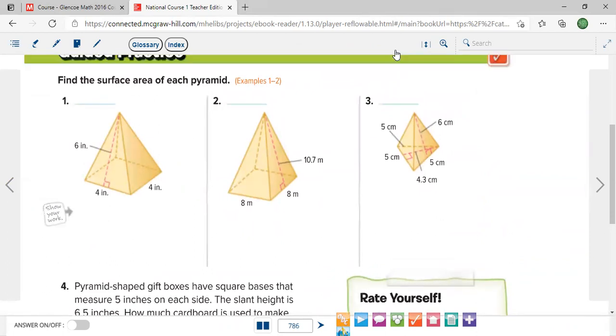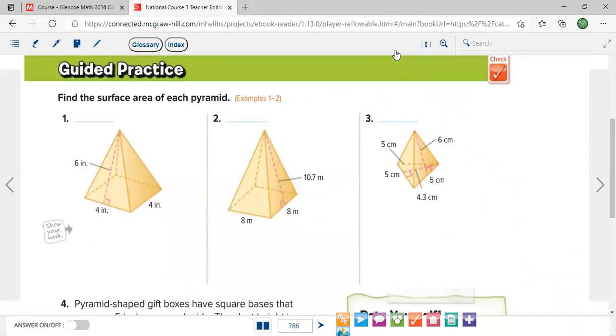Now let's solve some guided problems, guided practice, to make sure that we understand the lesson very well. This is a square pyramid, so the base is shaped like a square and it has four lateral faces. So surface area equals base shaped like a square, so 4 by 4, plus four lateral faces, one face shaped like a triangle, so half times the base of the triangle, which is 4, and the height of the triangle, which is 6.